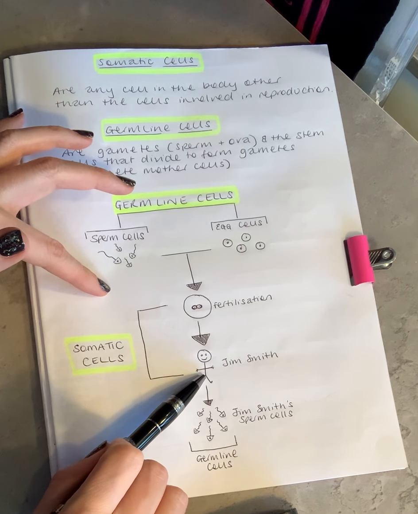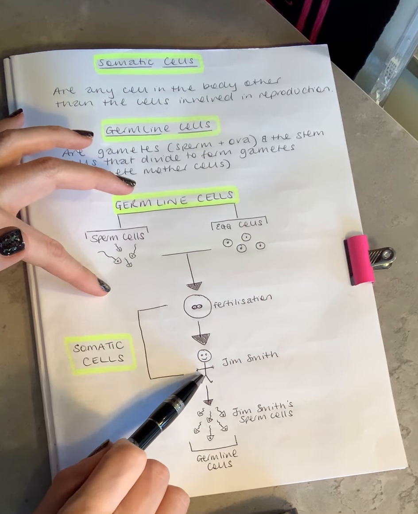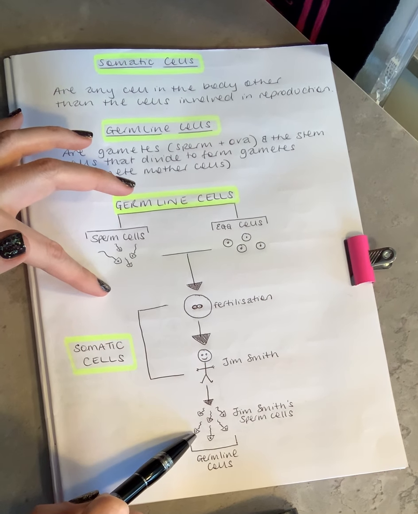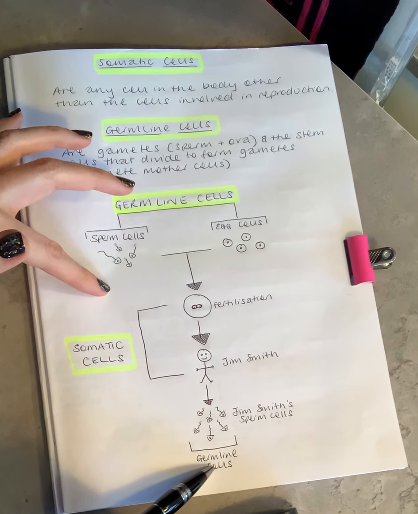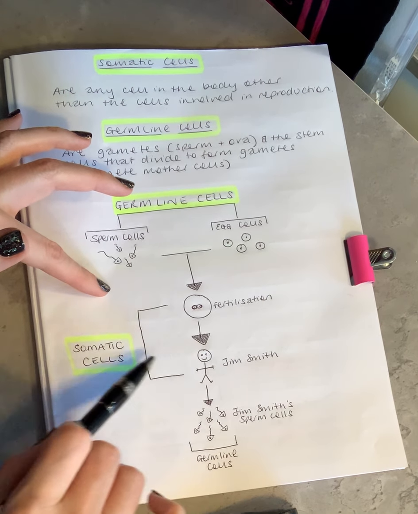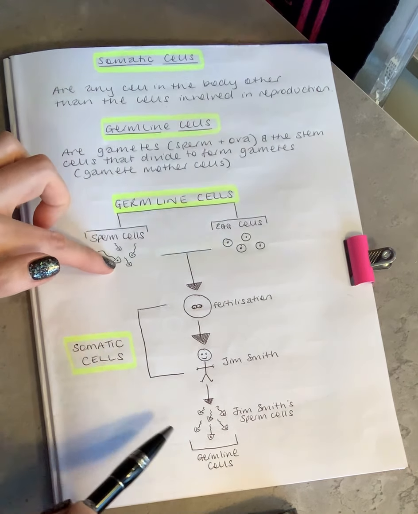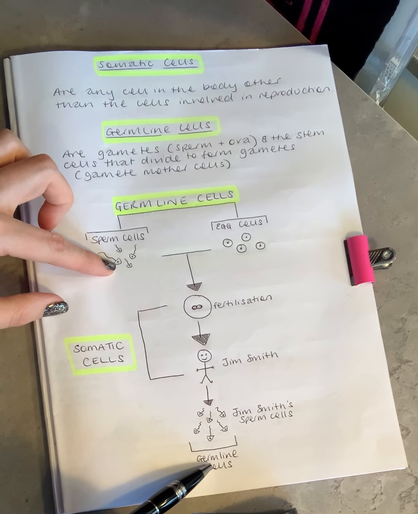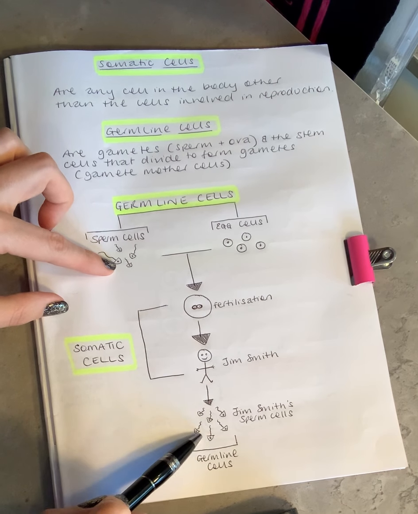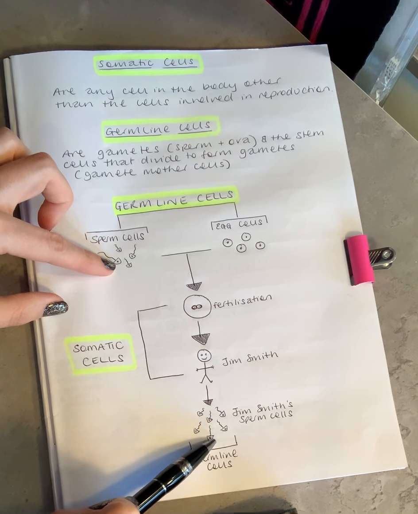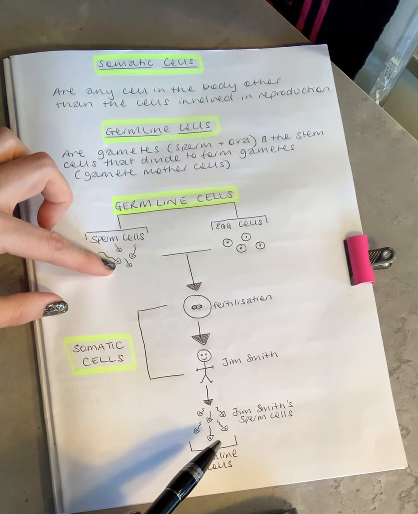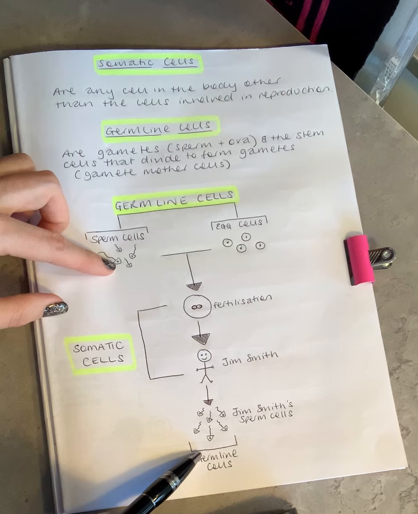So wee Jim Smith is predominantly somatic cells, but still has sperm cells, and his sperm cells are those germline cells, okay? So an organism is predominantly somatic cells, but still has germline cells, and those germline cells are either the original stem cell, where these reproductive cells mature from, or the actual reproductive cell, the sperm cell, which is also classed as a germline cell, okay?